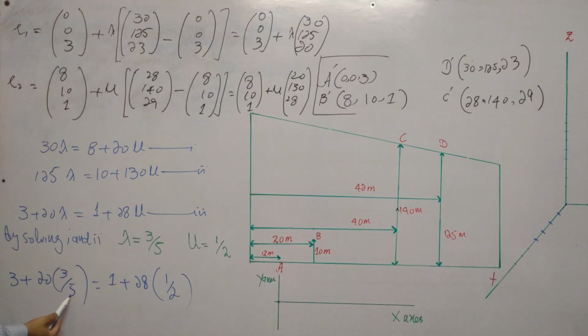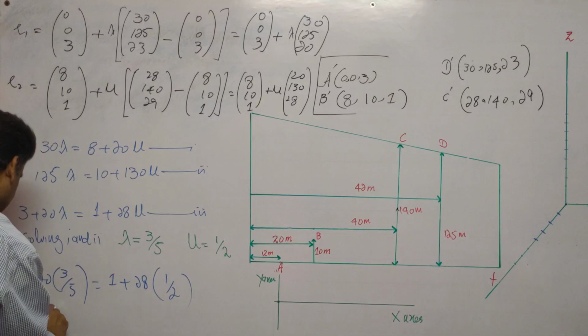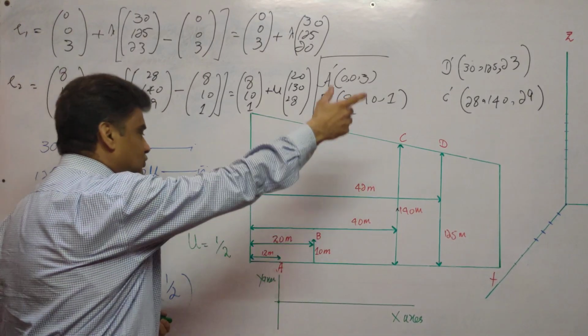After cancellation, 4 times 3 is 12, 12 plus 3 is 15, equal to 14 plus 1, 15. So 15 is equal to 15. It is proved that these two beams of light intersect with each other.